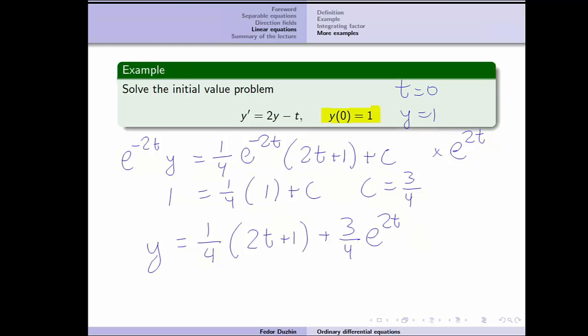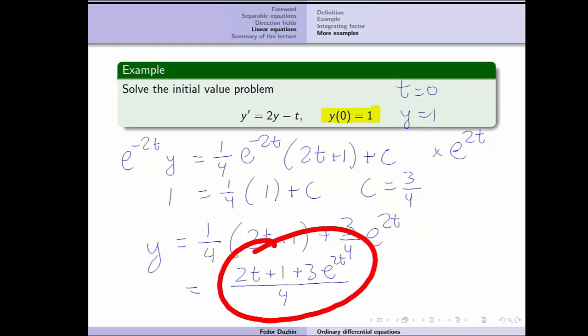Well, if you want, you can rewrite it as, I don't know, 2t plus 1 plus 3e to the 2t over 4. So that's going to be the final answer.